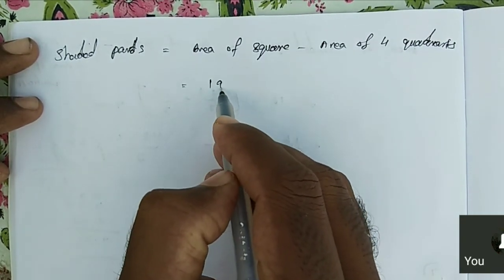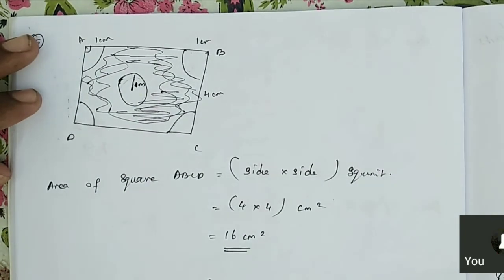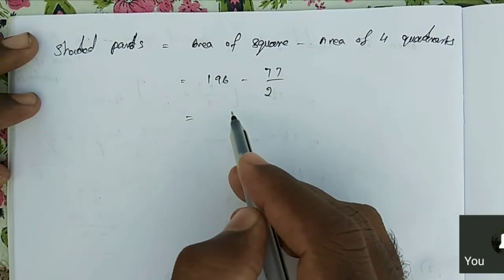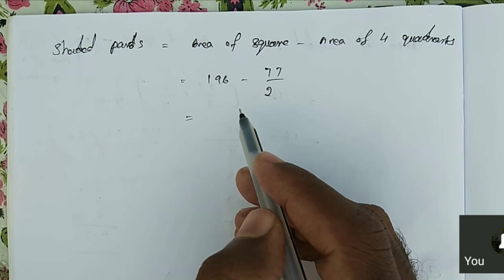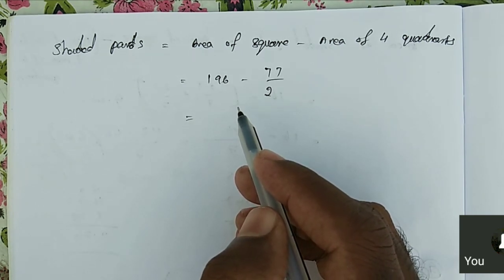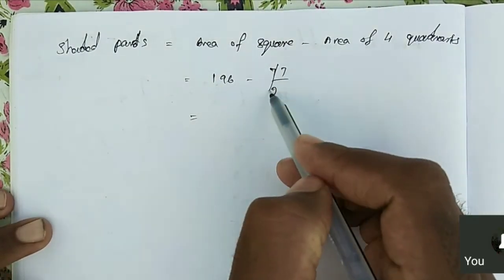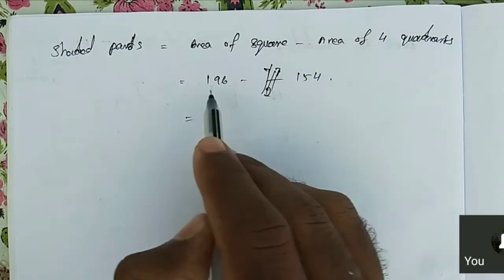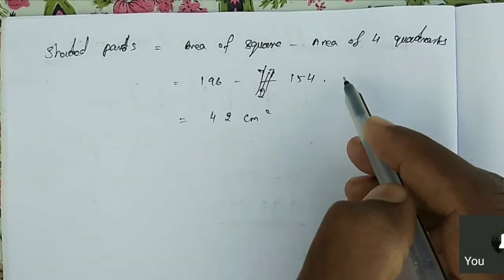So the area of the square 196 minus the area of the 4 quadrants, 154. Subtract it. So 196 minus 154 is 42 square centimeter.